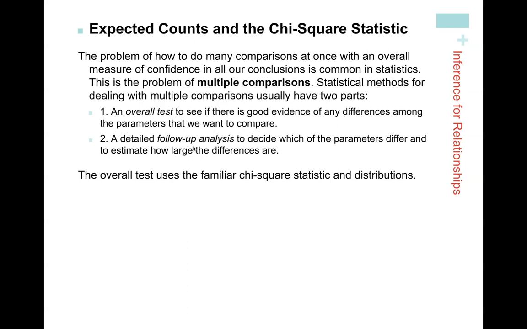If there are statistically significant differences, then you do the follow-up analysis. But that's after you do the overall test. If there are minor differences that could just happen from random chance alone, we don't need a follow-up analysis. The follow-up analysis is only performed when you have statistically significant results.